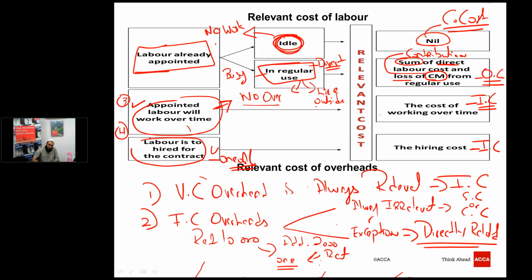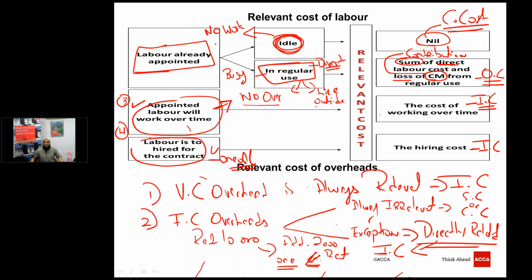So this additional rent that you are paying for the space you rented for the one-off contract is directly attributable. Though it is fixed in nature, it is relevant because this was incurred specifically for the one-off contract, and in that case, my friend, this will be incremental cost.